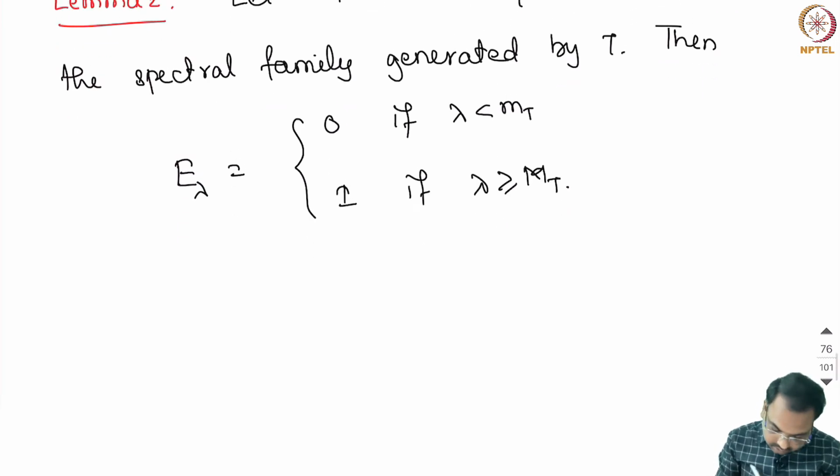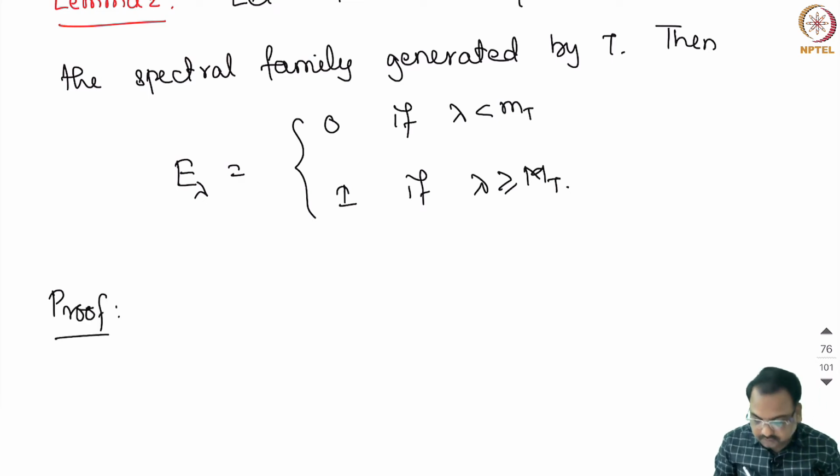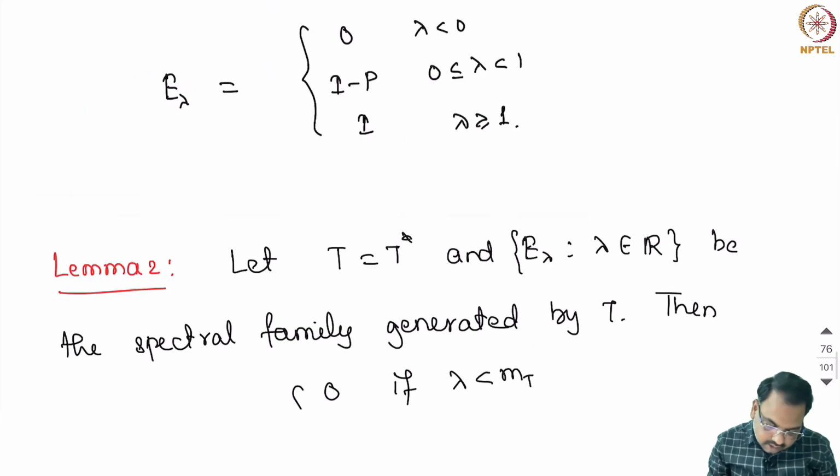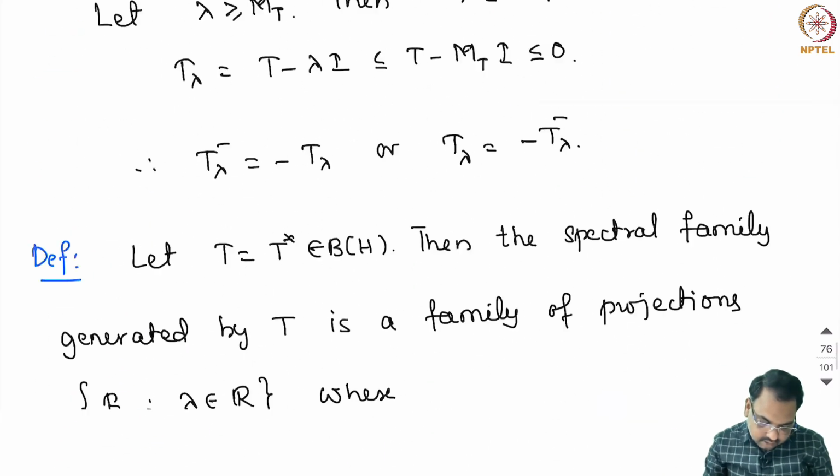Okay, so let us look at the proof. We know that when lambda is strictly less than m, we have shown that T lambda plus is T lambda by lemma 1.